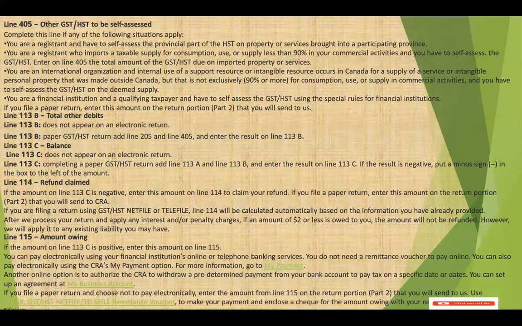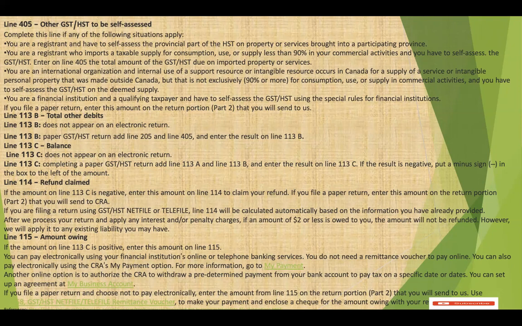So let's talk about line 405, other GST to be self-assessed. You complete this line if any of the following situations apply. You are a registrant and have to self-assess the provincial part of GST on property or services brought into a participating province.